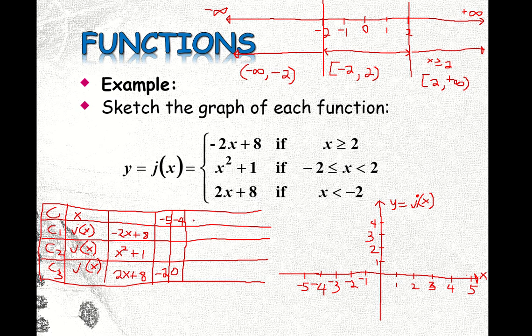Now minus 3: 2 times minus 3 is minus 6 plus 8, so positive 2.